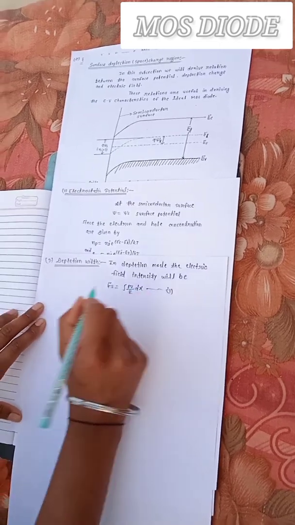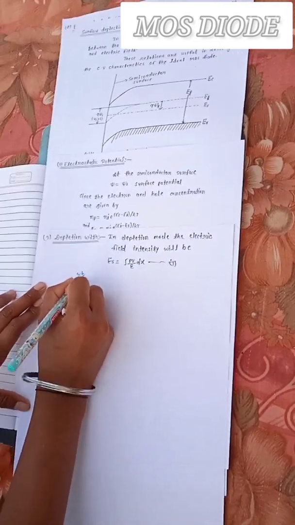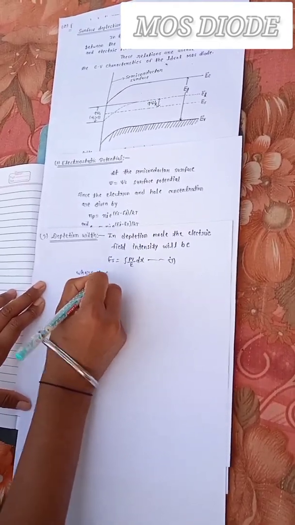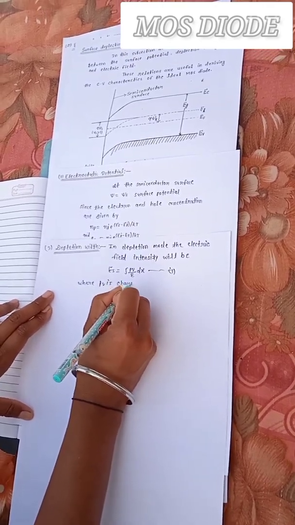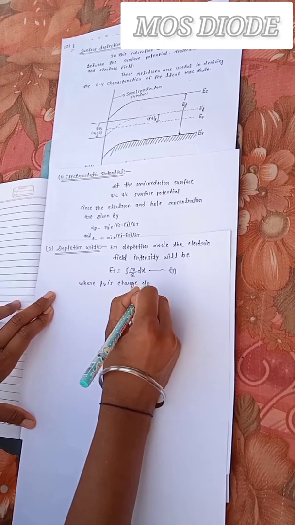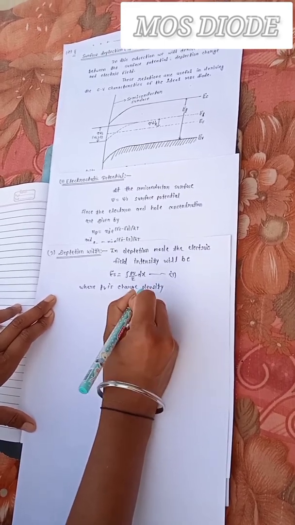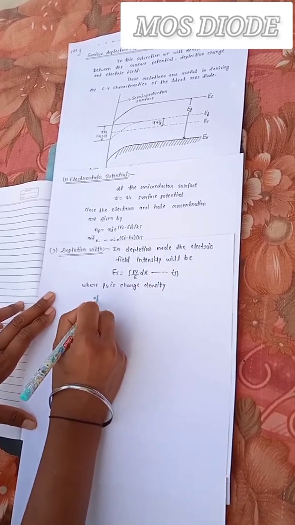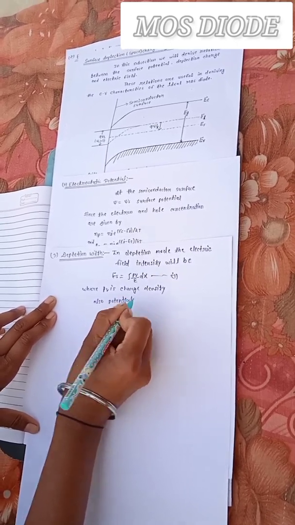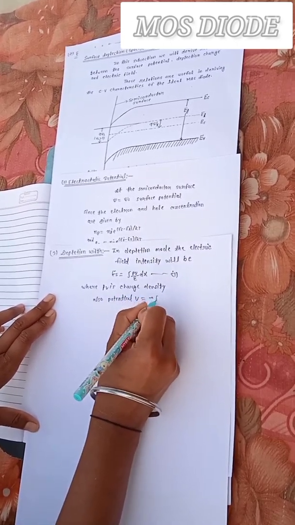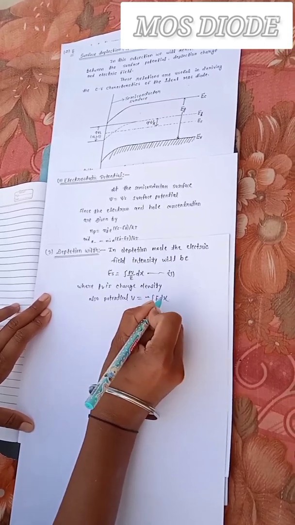This is equation number 1, where rho V is charge density, and also potential V equal minus integration of E dx.